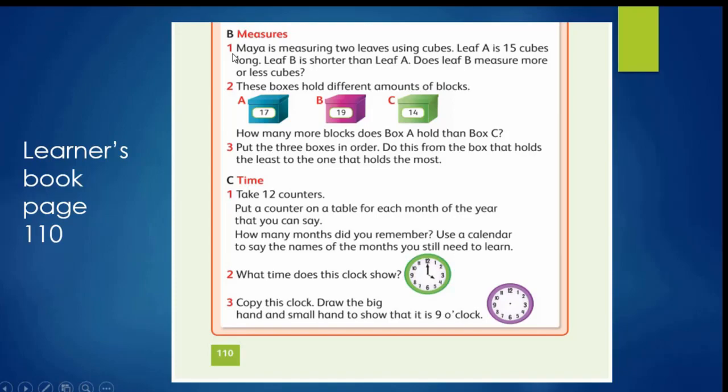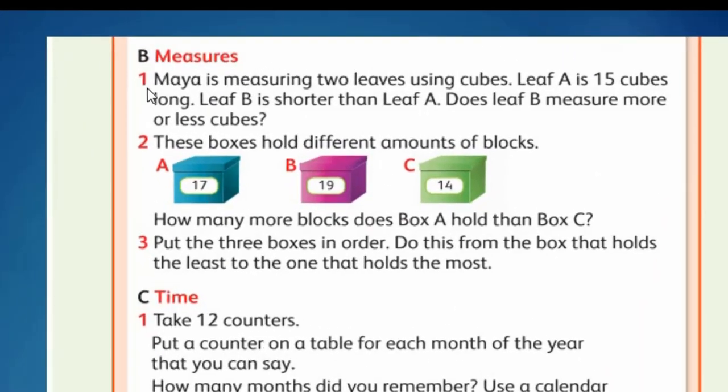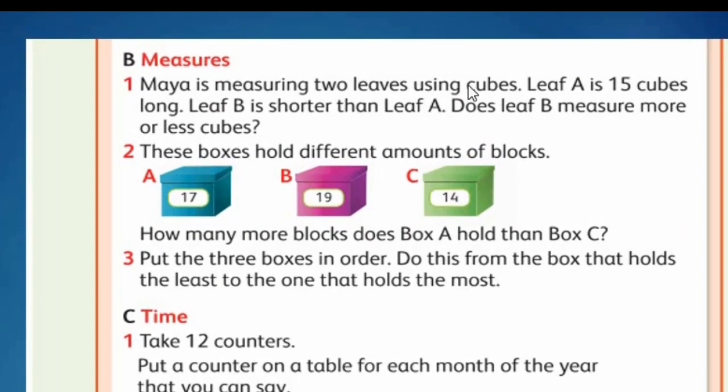B, measures. Number 1. Maya is measuring 2 leaves using cubes. Leaf A is 15 cubes long. Leaf B is shorter than leaf A. Does leaf B measure more or less cubes?